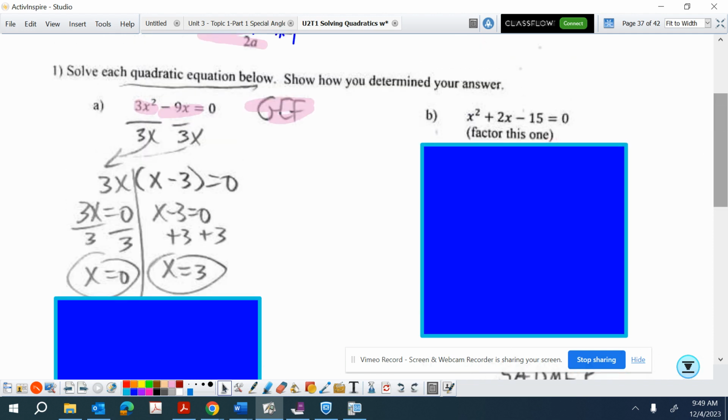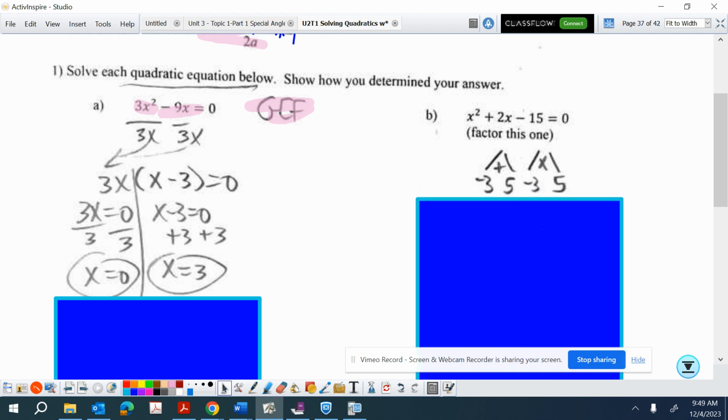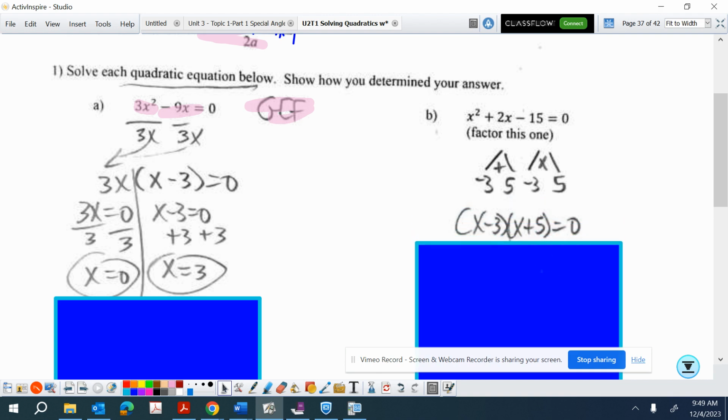Letter B, they tell you already that it is factorable. And I taught you that you're looking for two numbers that multiply to negative 15, the last number, and the same numbers add to the middle term. Well, if it's negative 15 but positive 2, those numbers are going to be positive 5 and negative 3, in which case you're going to write these in factored form.